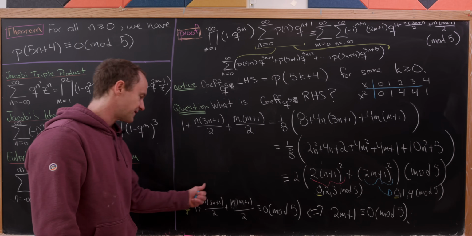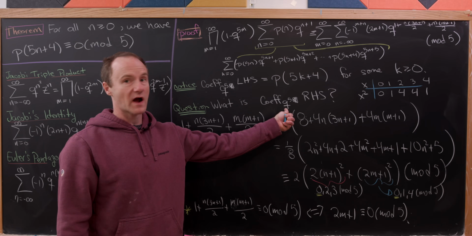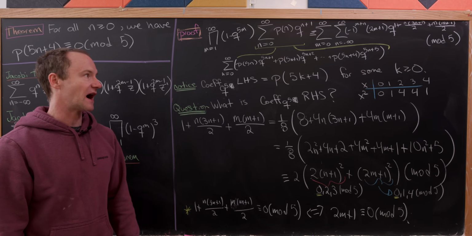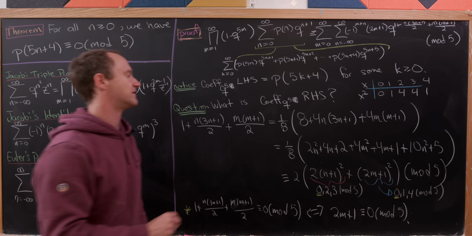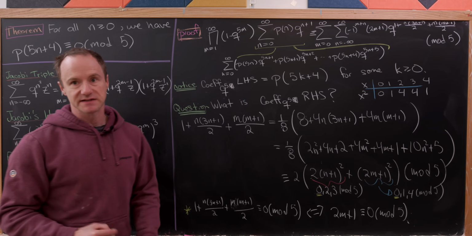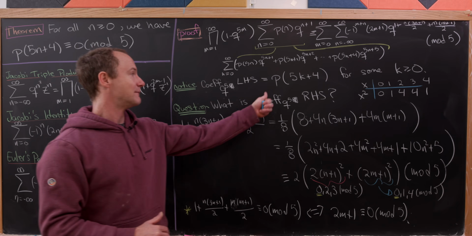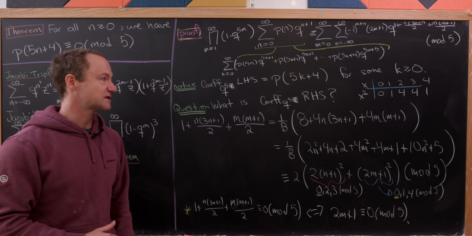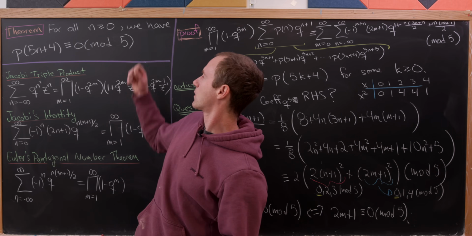Because let's observe, that says that this exponent over here on the right-hand side is a multiple of 5, if and only if the coefficient is a multiple of 5. But since the left-hand side and the right-hand side are going to have the same coefficients when everything is expanded, that means that this p of 5k plus 4 is necessarily going to be a multiple of 5. But that's where we wanted to end up.